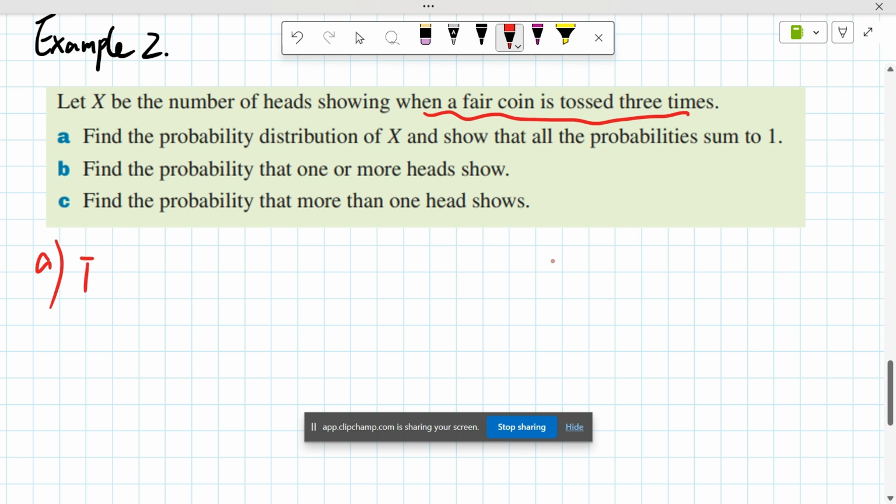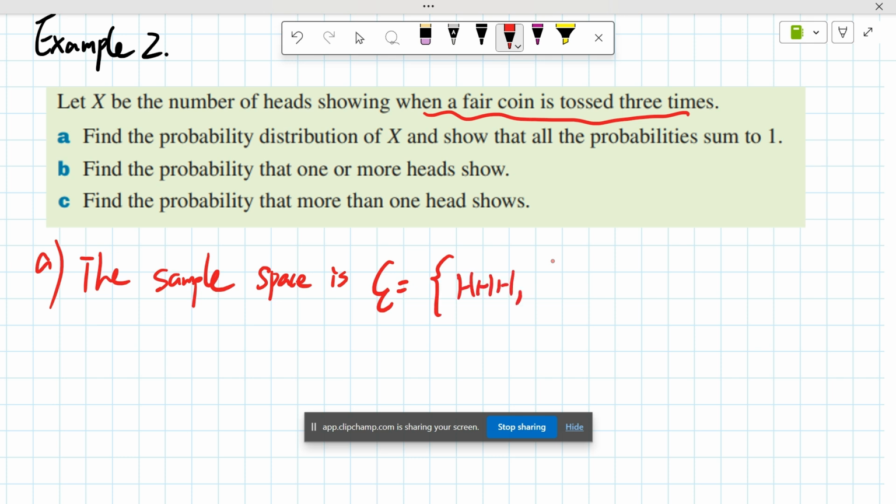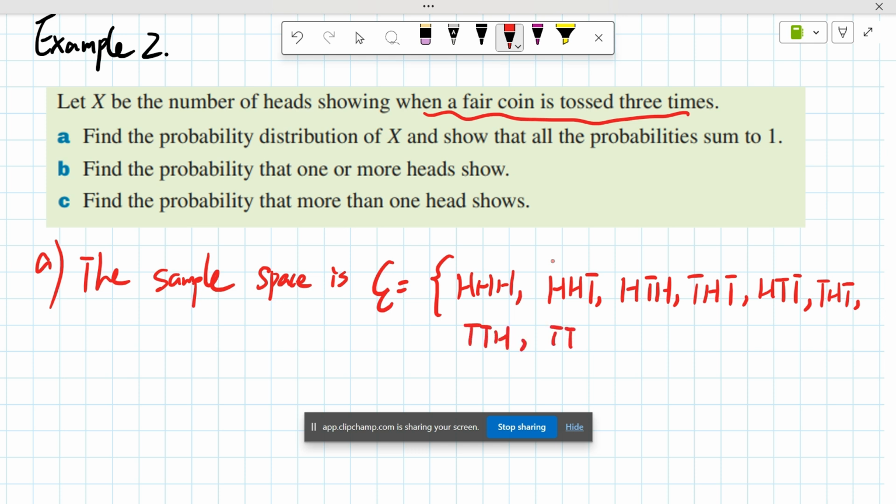So your sample space is equal to HHH, HHT, HTH, THH, HTT, THT, TTH, and TTT.